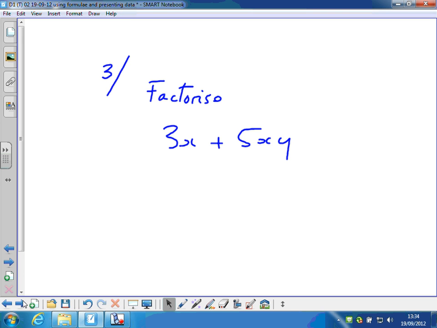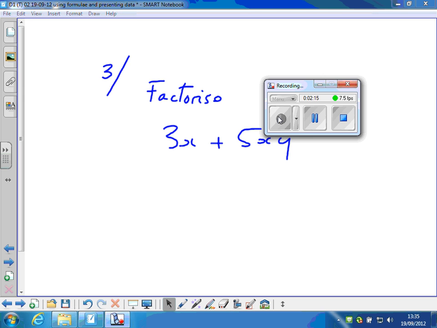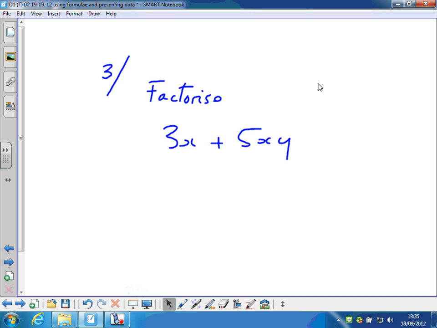Number 3, factorize. Factorize means remove common elements from each term. So, this expression has 2 terms involved with it. So, factorize 3x plus 5xy, 2 terms, elements.